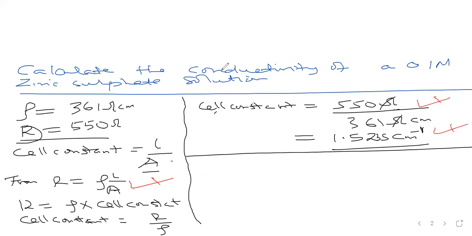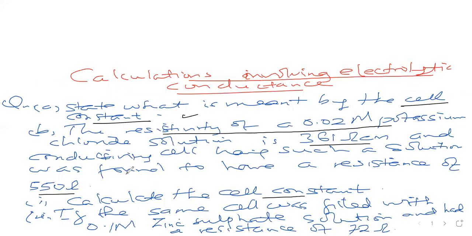Then part 2 tells us, if the same cell was filled with, now the potassium chloride was removed and they put there zinc sulfate solution. The resistance changed because different solutions have different resistances.